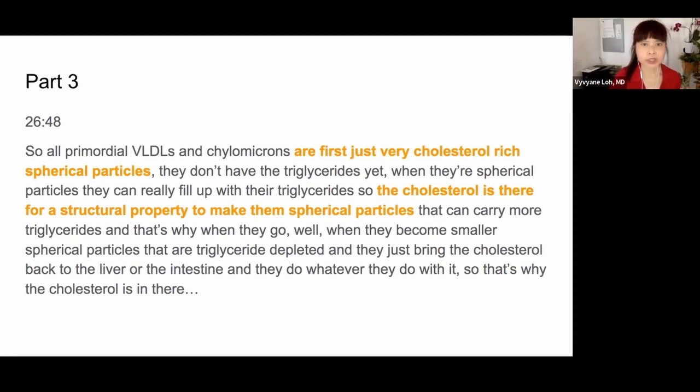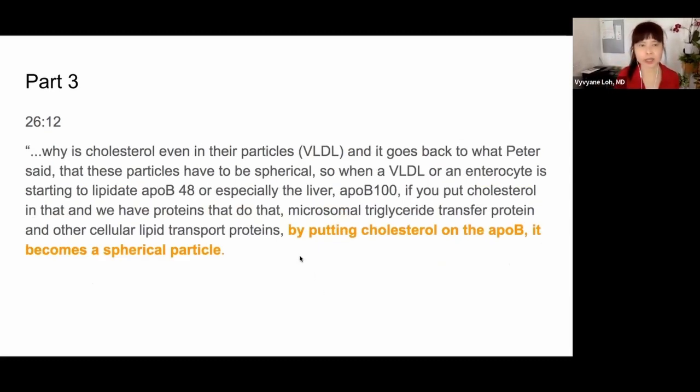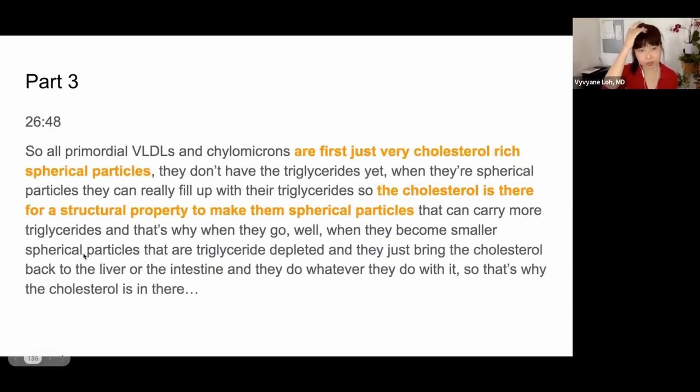let's just make sure we understood what he said. So he's saying that those lipoproteins aren't really there to deliver cholesterol. Well, if that's the case, he asks, why is cholesterol even in their particles? And it goes back to what Peter said. They have to be spherical. So by putting cholesterol on the ApoB, it becomes a spherical particle.